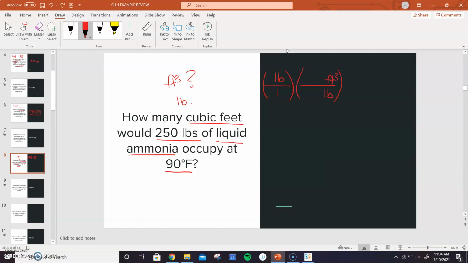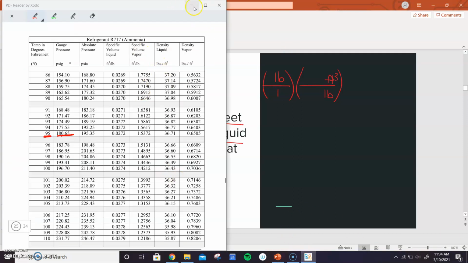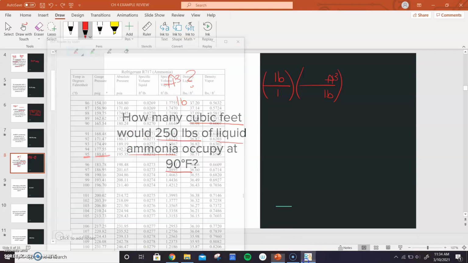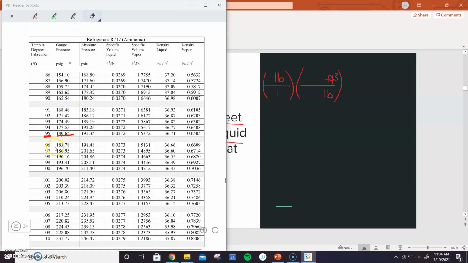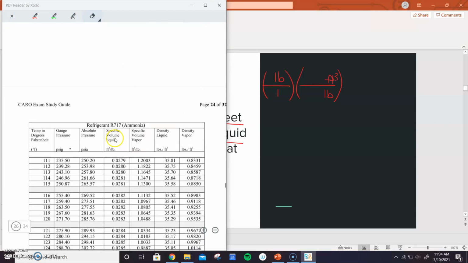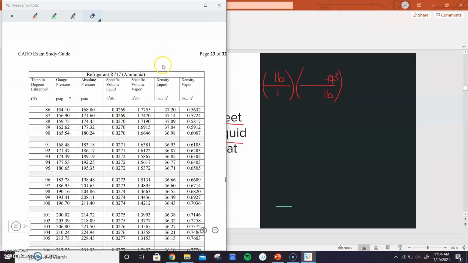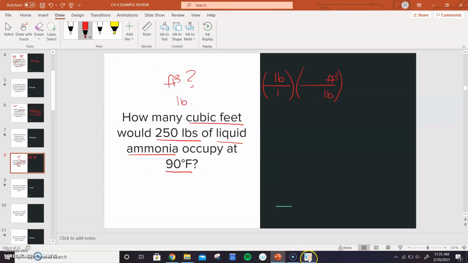So let's look, and we know that we're operating at 90 degrees Fahrenheit, so let's go check our saturation table for ammonia and see what we got at 90 degrees. Awesome.